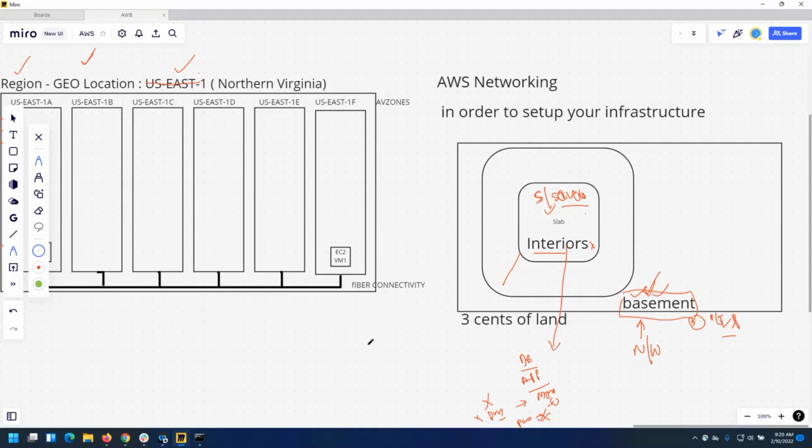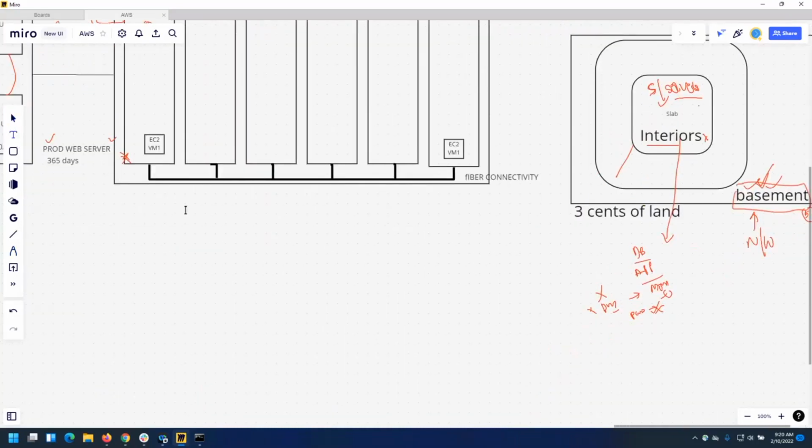Right? So my thought process is we need to start learning the stuff in this way.